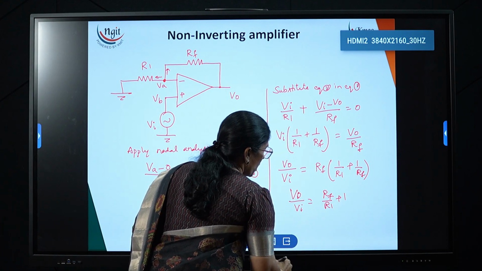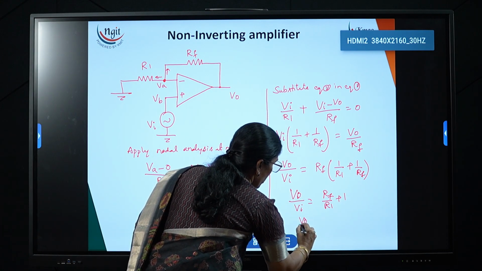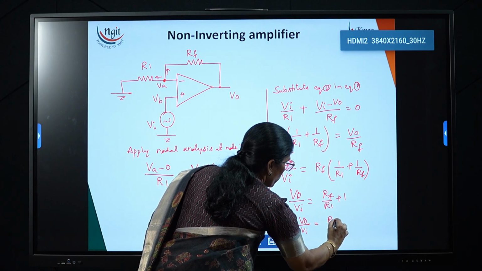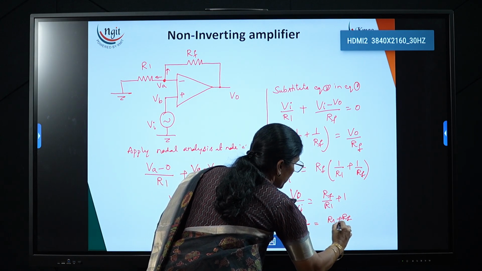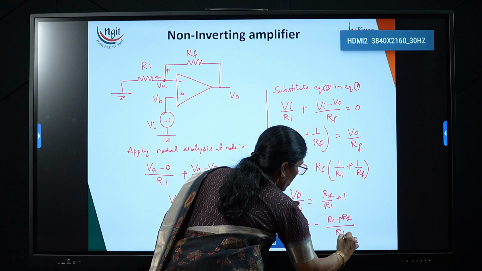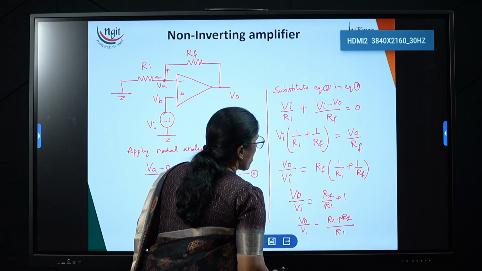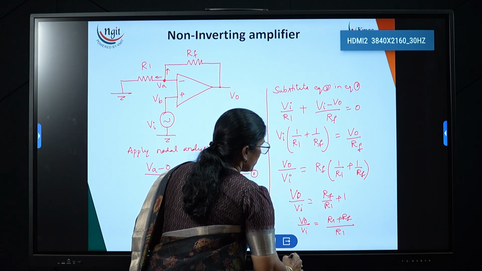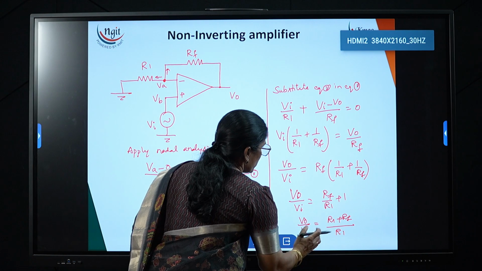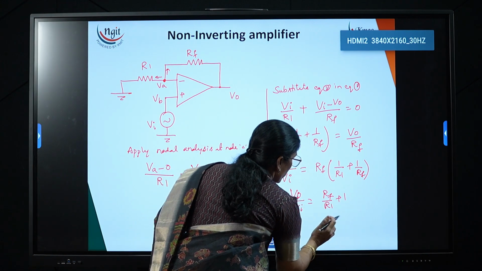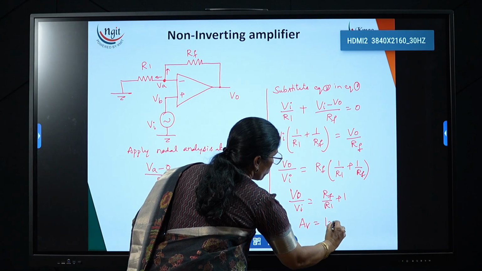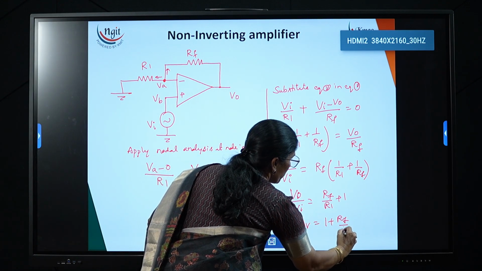Now take R1 common, so we get R1 plus RF divided by R1. Otherwise you can stop here: 1 plus RF by R1. This you can also write as AV is equal to 1 plus RF by R1.